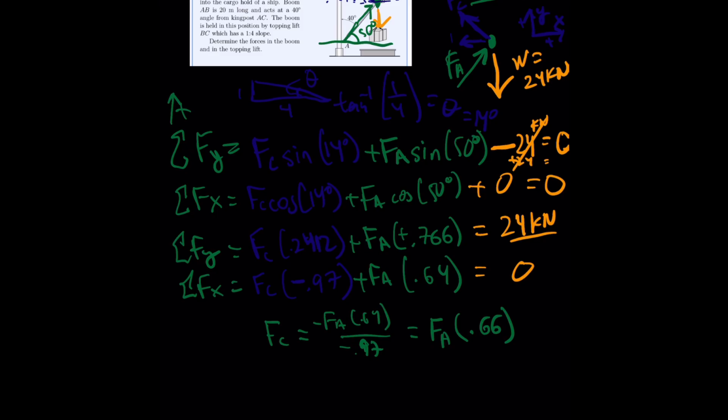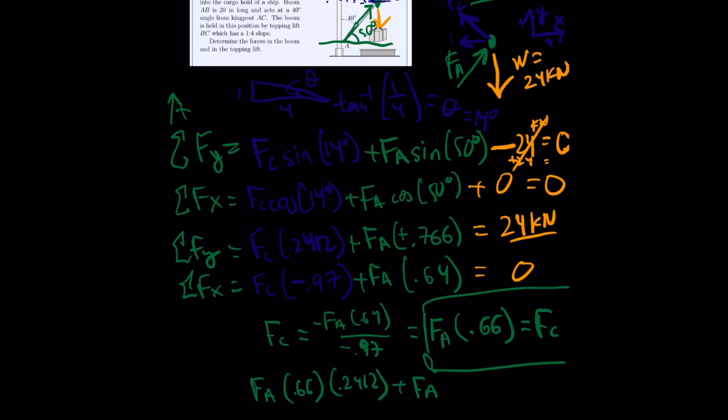Now we know what FC equals, so we can plug it into our other equation, our sum of the y's equation. It's going to be something like this: FA times 0.66, we're just plugging it in here, and then times 0.2412, and then plus FA times 0.766.